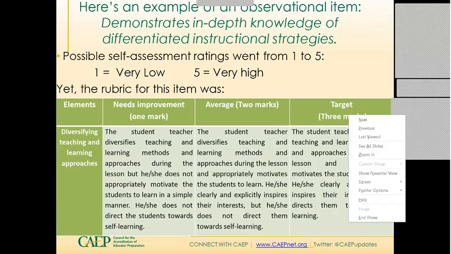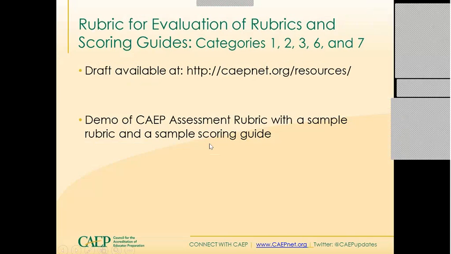Now let me get to, right there, next slide. Oops. Okay, so as you know, on the CAPE website, under resources, you can find the CAPE assessment rubric for evaluation of rubrics and scoring guides.